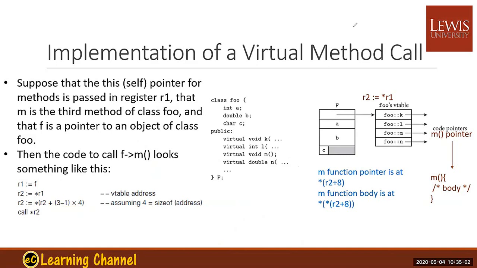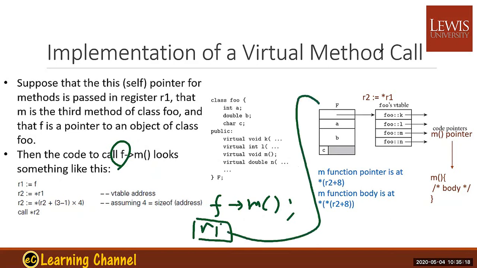Okay, one more time. This one is very crucial. Assume this is a pointer, so the F pointer is pointing to it and we try to run this function. The F pointer is called R1, so its address is R1, and R1 is a pointer pointing to here. The body of R1, this object F, is assigned to R2.